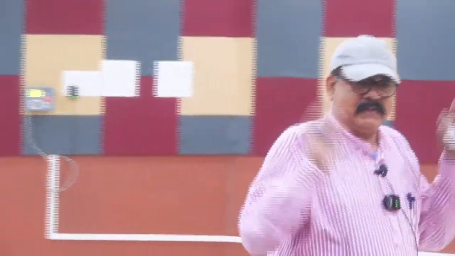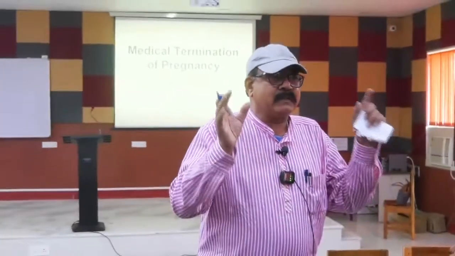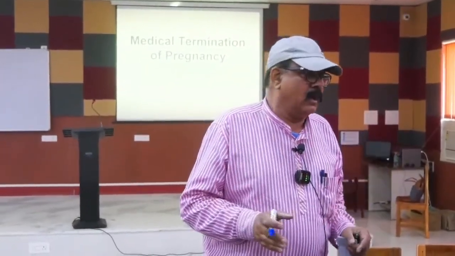Why? Nowadays, because of the mobile, the IT sector, the radiation, so much of mobile, this is the worst thing in life. But we cannot avoid it. I myself have an ample amount of patients coming with recurrent pregnancy loss.